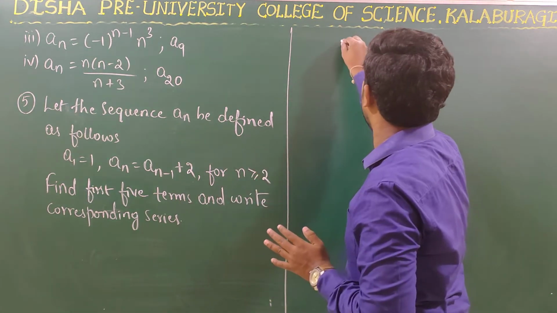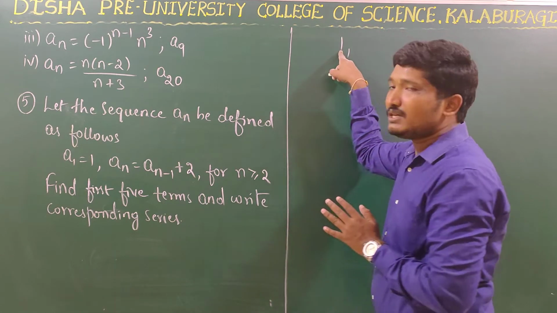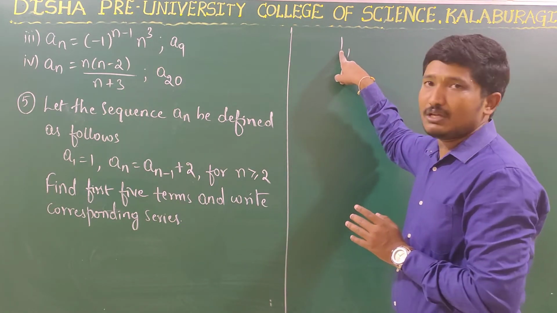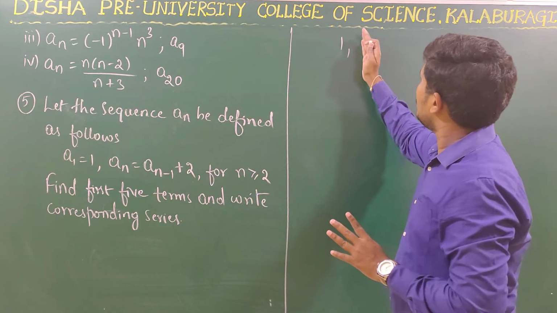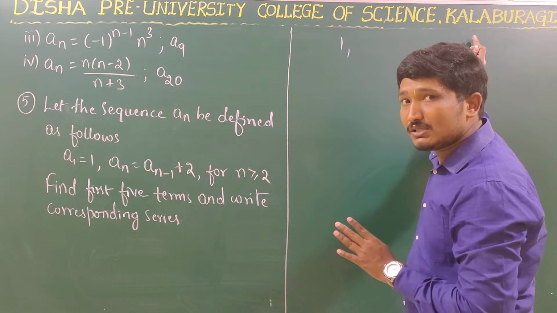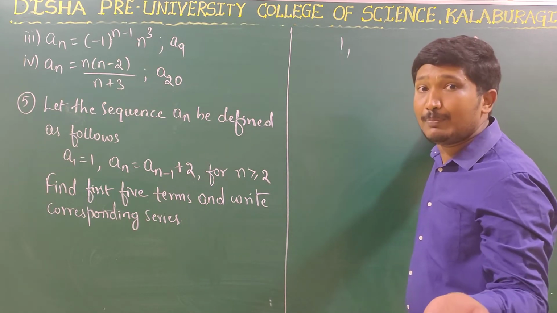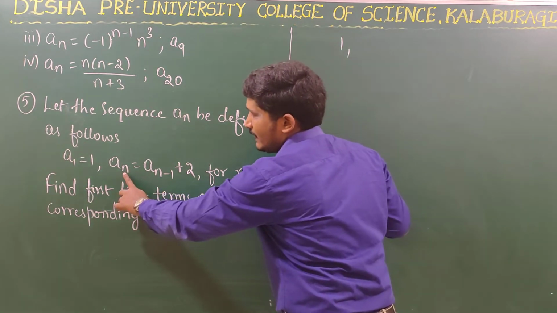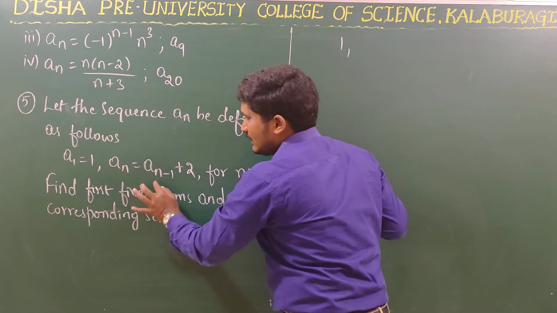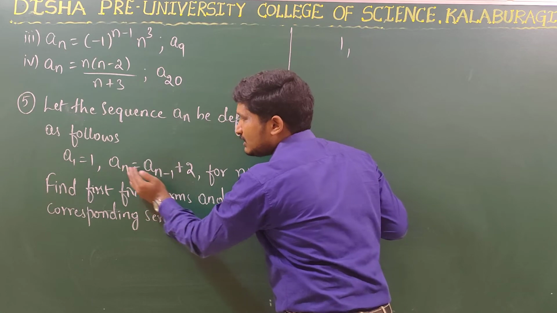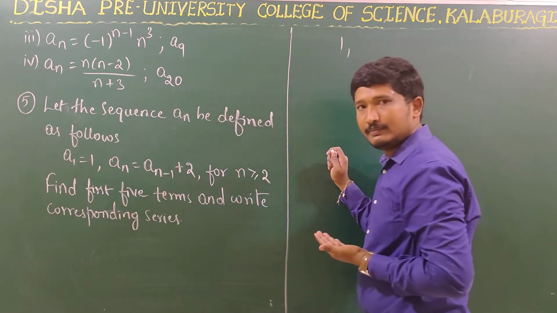Each term of this sequence is obtained by adding 2 to its preceding term. For example, I have considered the first term of the sequence, they have given already 1. So how will the next term be obtained? Here, an is the nth term, and n minus 1 means the previous term of an.